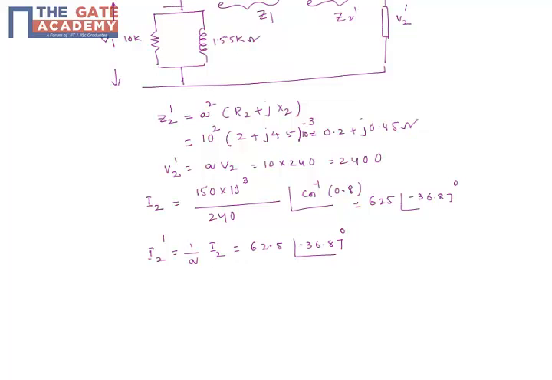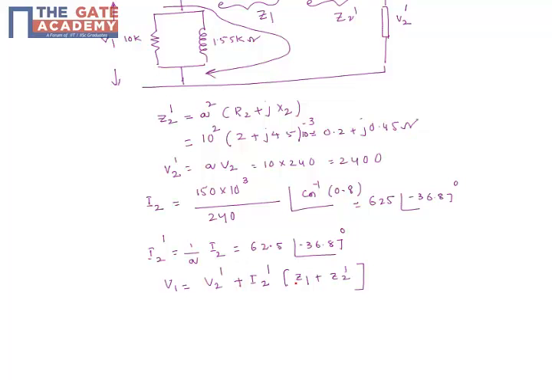So when I apply KVL like this, V1 is equal to V2 dash plus I2 dash into Z1 plus Z2 dash.